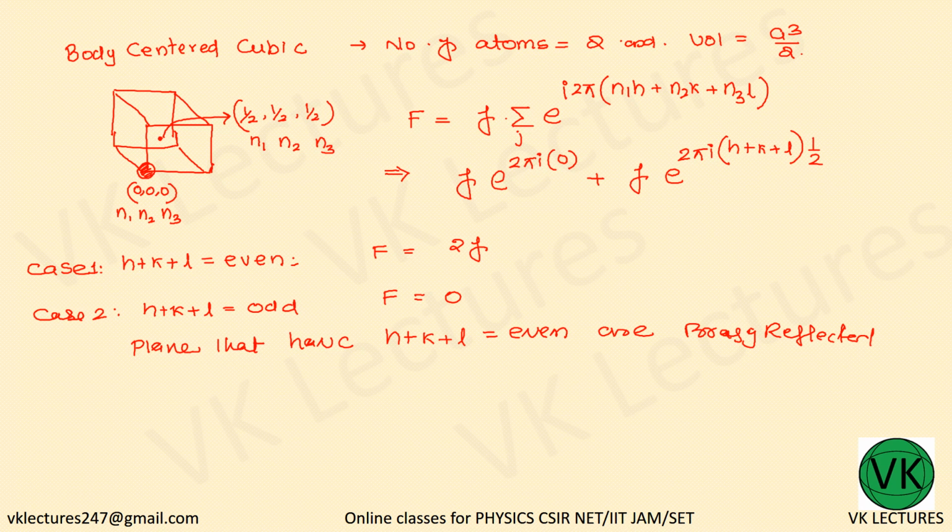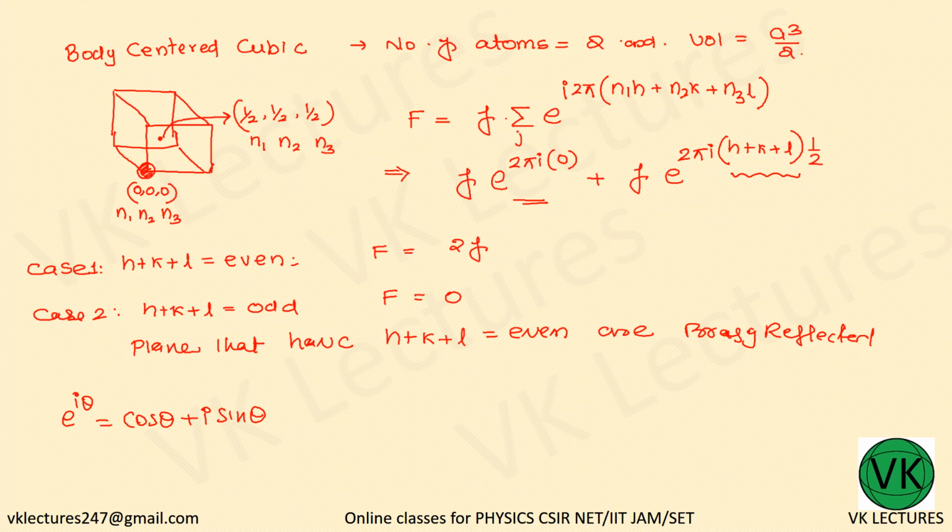Here please make a note that e to the power i theta will be equal to cos theta plus i sin theta. Now as in this case we have e to the power 2i pi, and this hkl value can be either odd or even, because we know that they are positive whole numbers.